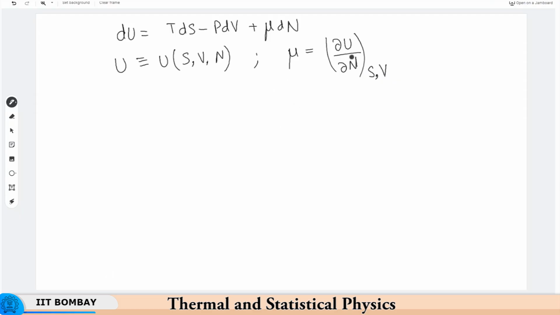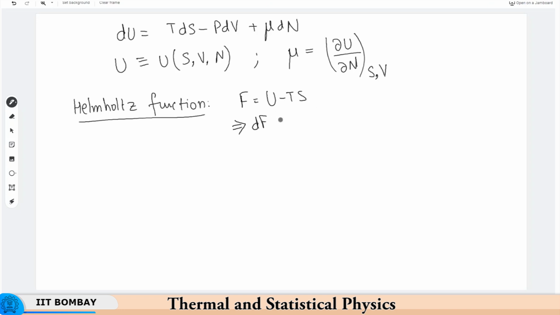Okay. And of course, there are other definitions as well. So, remember we also defined the Helmholtz function or potential. This is F, which is U minus TS, and I can again write the differential: dU, which is TdS minus PdV plus mu dN, minus TdS minus SdT.